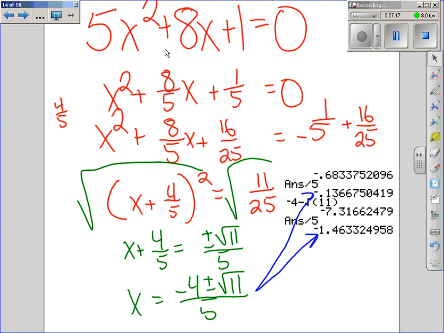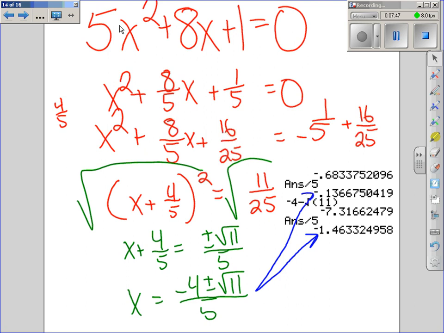Your answers are negative 4 plus or minus root 11, all over 5. They'll ask you to put it in simplest radical form, and then they'll say use your calculator to find it to the nearest tenth. So put that into your calculator, remembering to divide by 5. You will need both answers. Be comfortable with both ways to approach that.